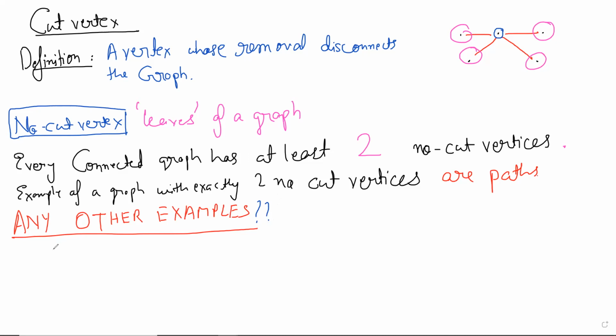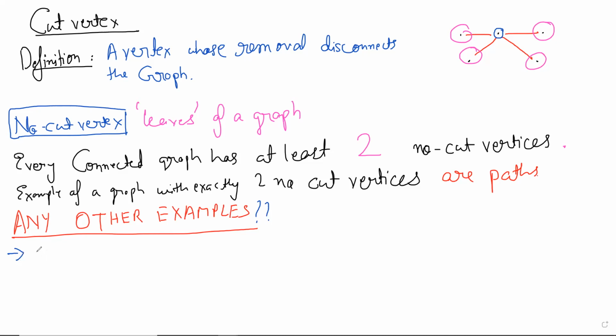So you're saying it should have only two vertices of degree 1. Okay. Certainly a cycle will not work here, because in a cycle everything is a no cut.